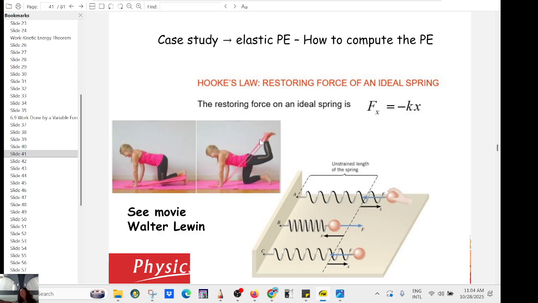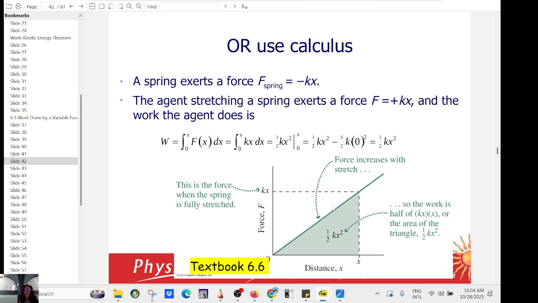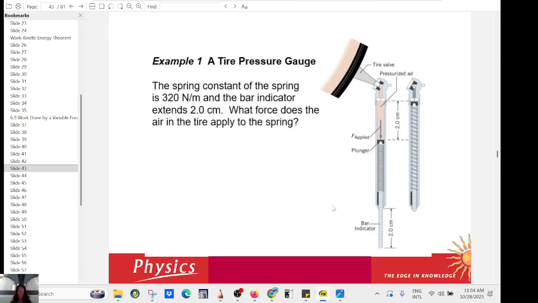You multiply the stretch by 2, the restoring force will be multiplied by 2, so the applied force will have to be multiplied by 2. So this is called Hooke's law. K depends on the spring, its cross section, how stiff it is. Larger K means stiffer it's going to be. We already did that.